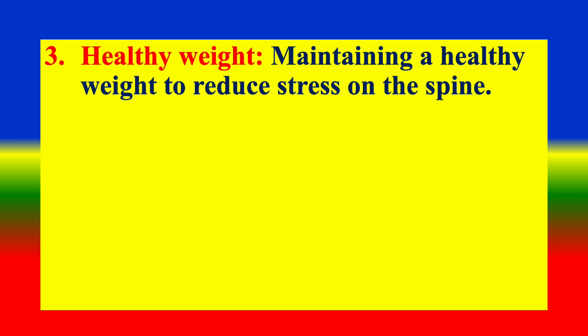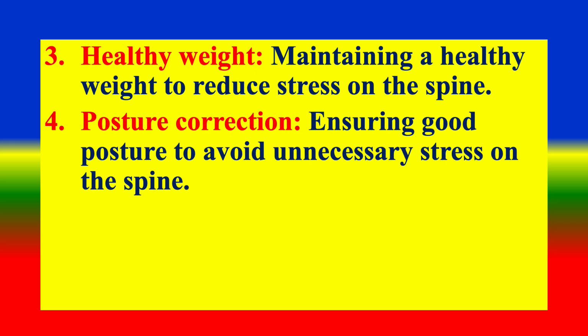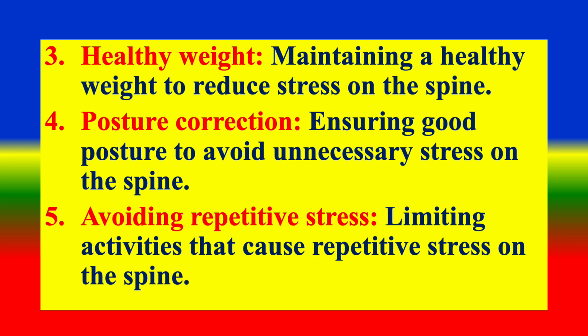Healthy weight. Maintaining a healthy weight to reduce stress on the spine. 4. Posture correction, ensuring good posture to avoid unnecessary stress on the spine. 5. Avoiding repetitive stress, limiting activities that cause repetitive stress on the spine.